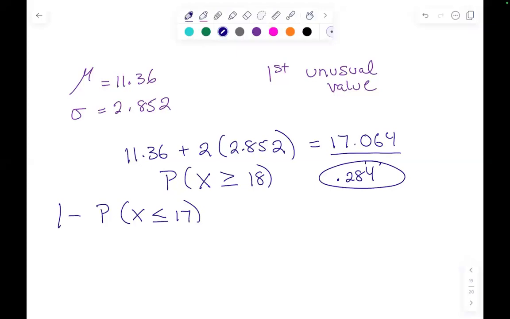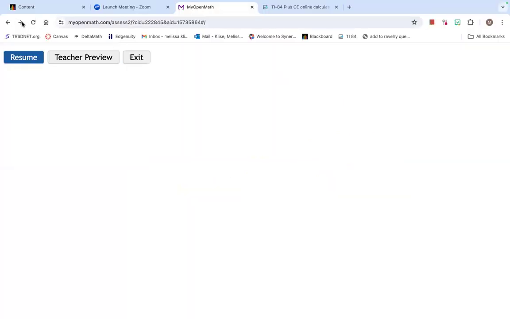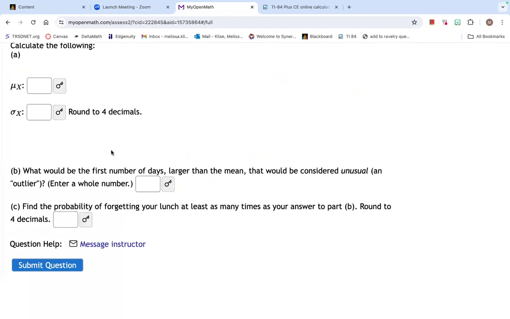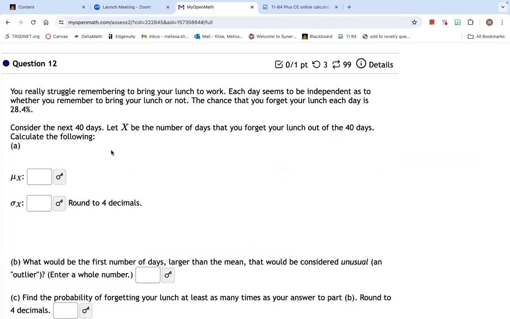So it would be 1 minus binom CDF, the number of trials. I don't know. Uh-oh. Go back. I need to find my number of trials. Out of 40 days, 0.284, 17.